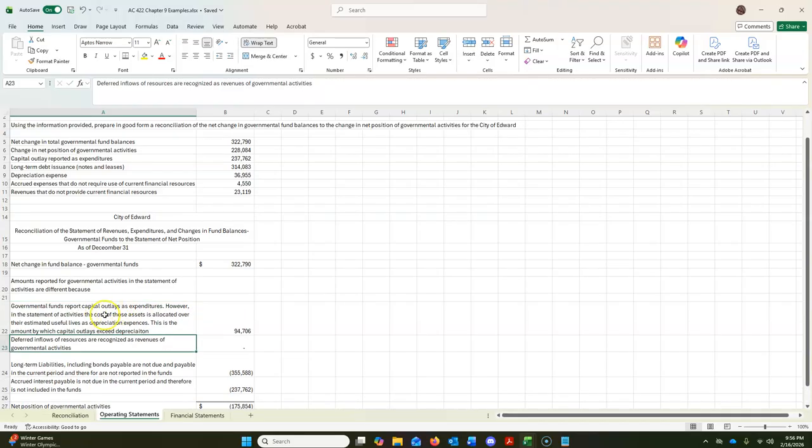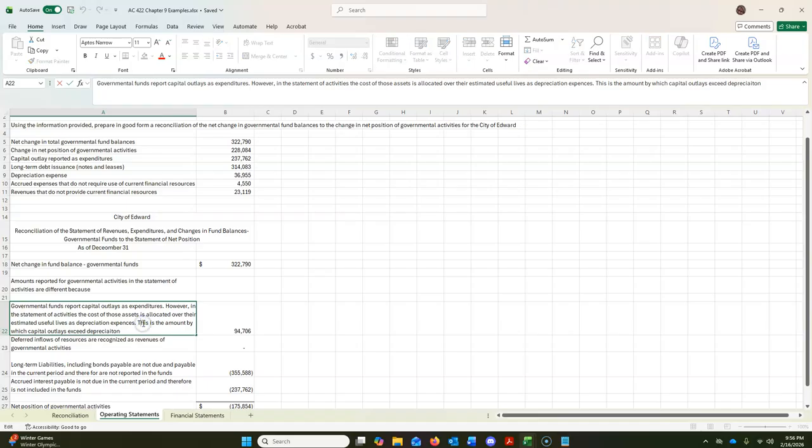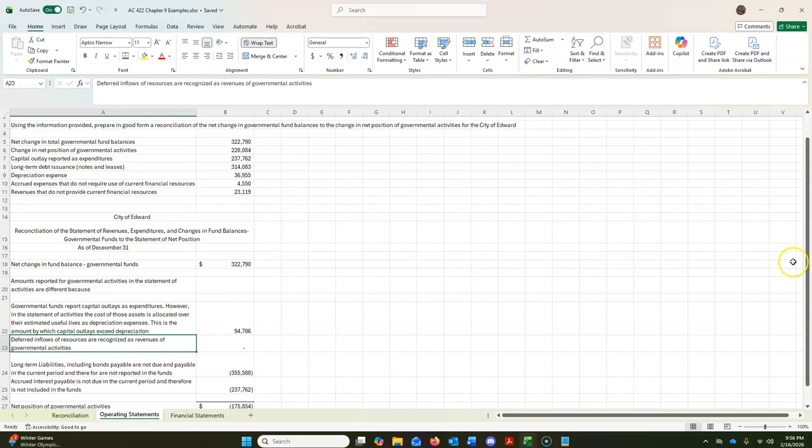Governmental funds report capital outlays as expenditures. However, in the statement of activities, the cost of these assets is allocated over their estimated useful lives as depreciation expenses. This is the amount by which capital outlays exceed depreciation, and then we're going to calculate that.